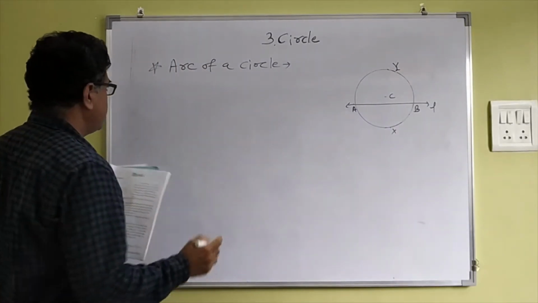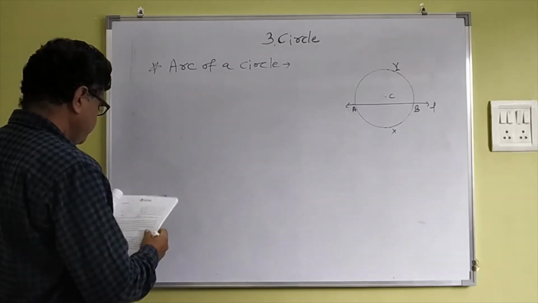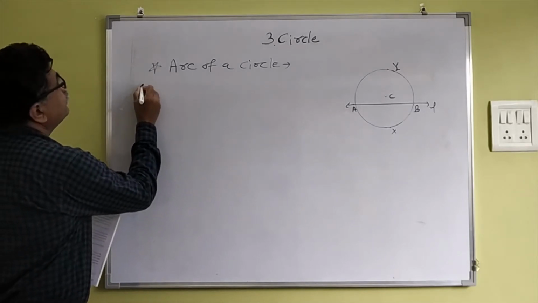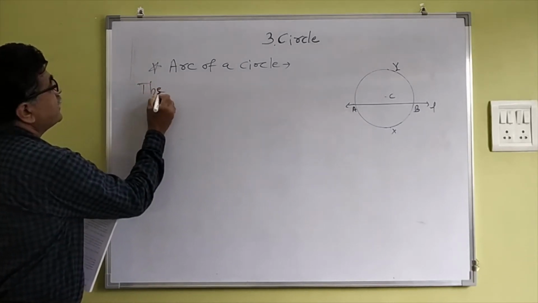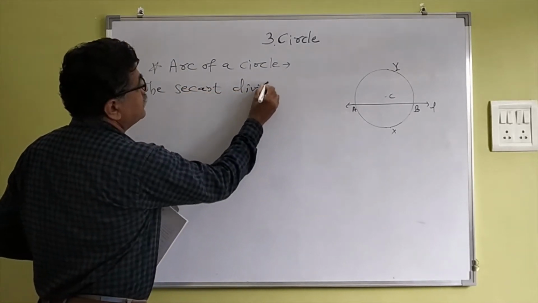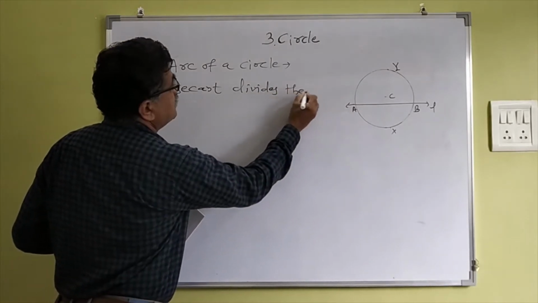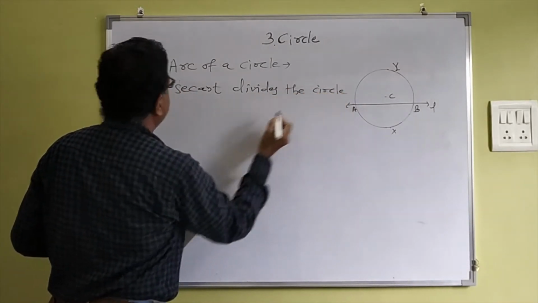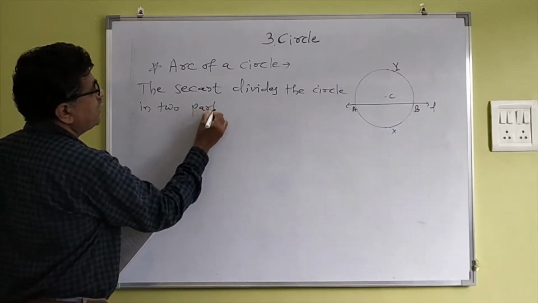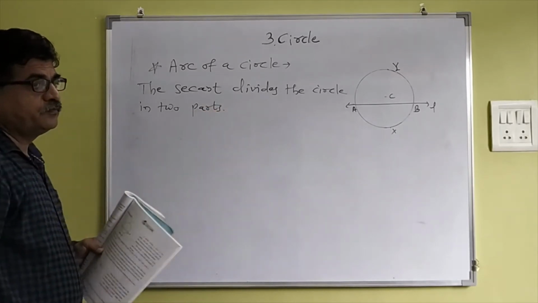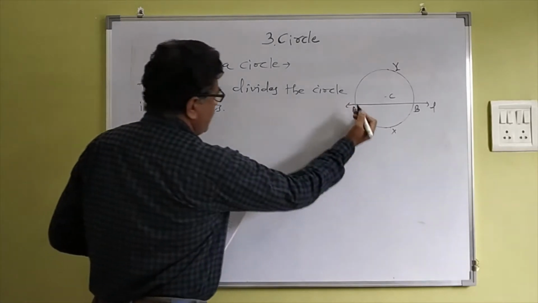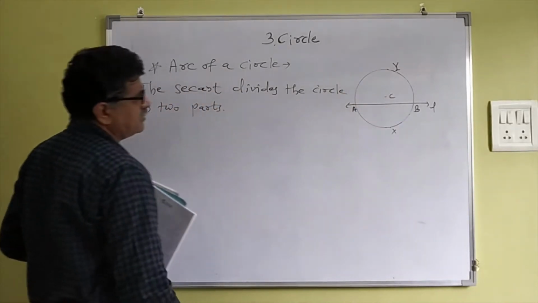Now here, the secant of the circle divides the circle in two parts. That is, from the figure, arc AXB and arc AYB.